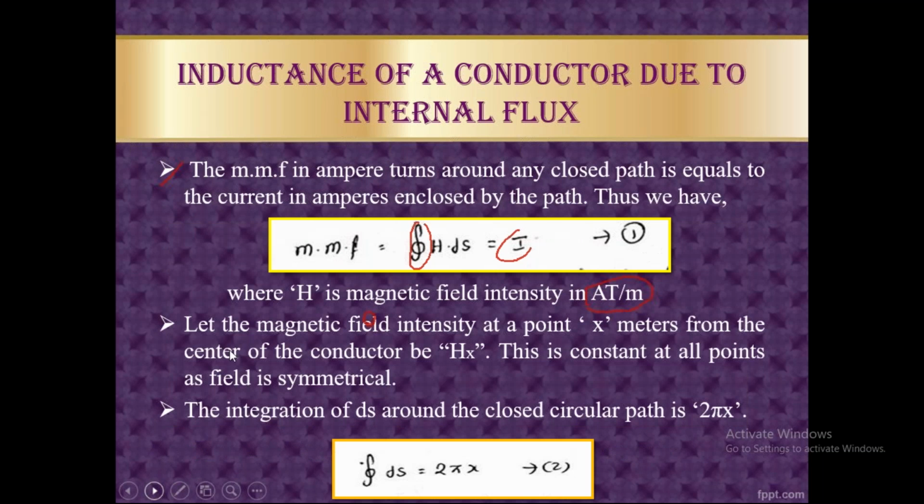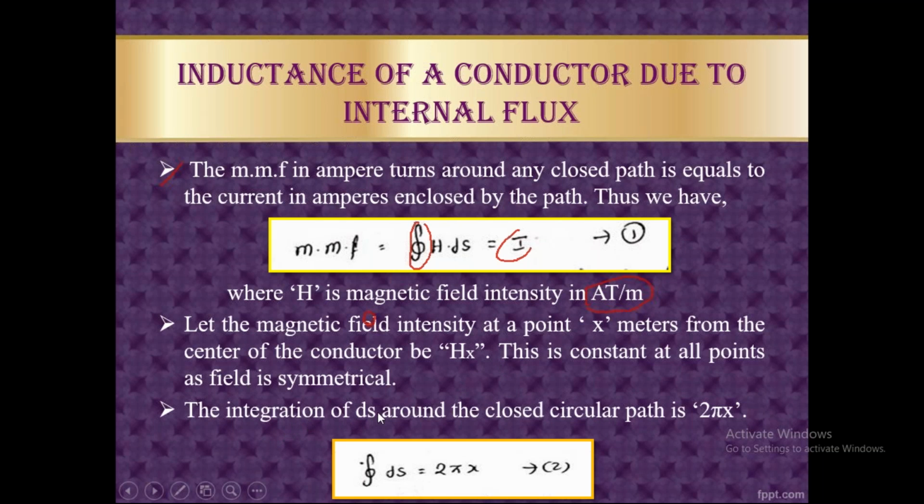That's why, see here, let the magnetic field intensity at point X be Hx, which is generated due to the flow of current. This is constant at all points as the field is symmetrical. Why? Because when the constant current is flowing through the conductor, the symmetrical flux will be generated. So that's why I'm considering here Hx is a constant.